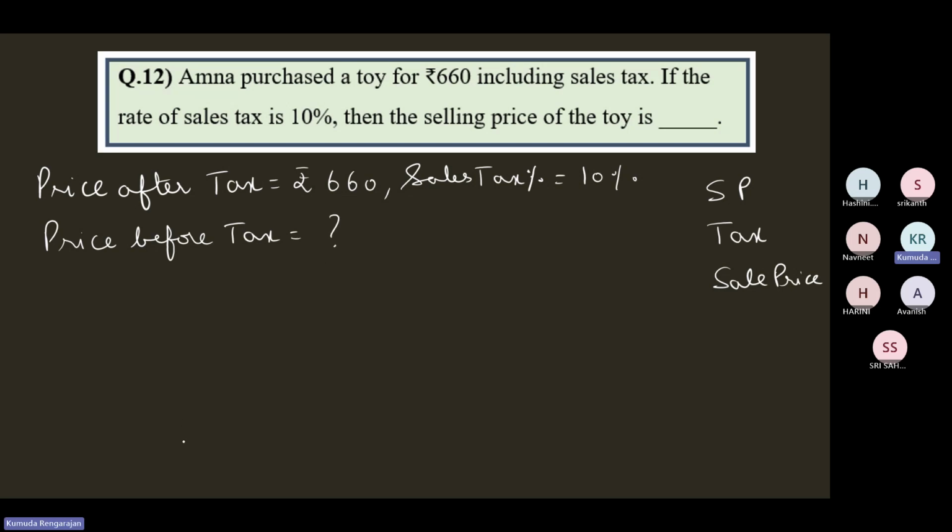See the words there: Aman purchased a toy. He bought it for 660. That means it includes tax, no? Then what can they ask you to find? The price before the tax. Find the selling price of the toy. What is the selling price? That is without tax. If the price with tax is given to you, then they can only ask you to find the price without tax. There cannot be any other question.